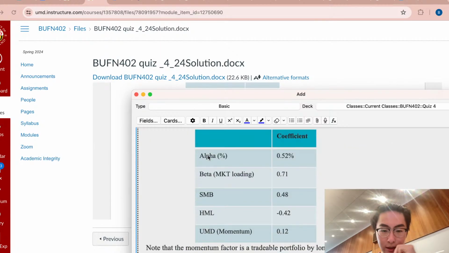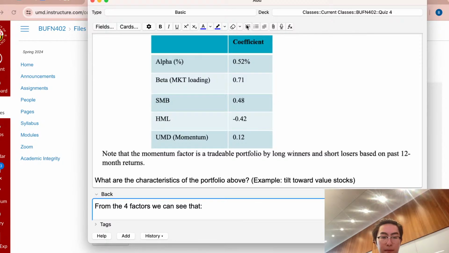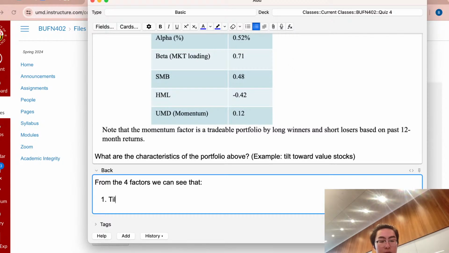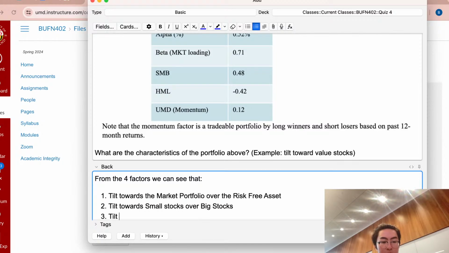Okay, so in this case, from the 4 factors we can see that there is a tilt towards growth stocks over value stocks.